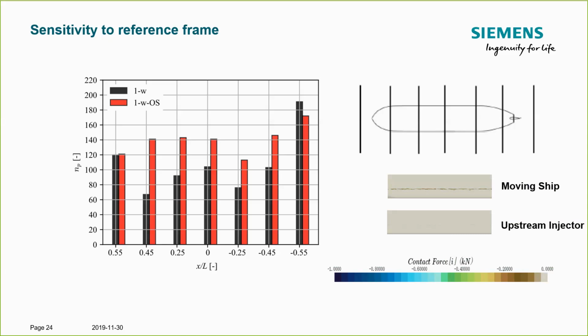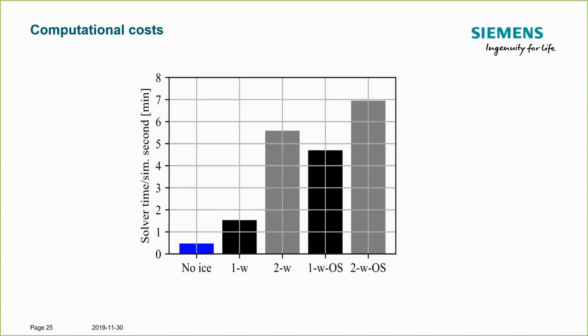Now, of course, all this comes at a computational cost. So if we look at this resistance test, if we don't have any ice, then this will be in blue here, which is the lowest solver time per simulated second. Then we'll add some overhead because we are invoking DEM if we use one way.